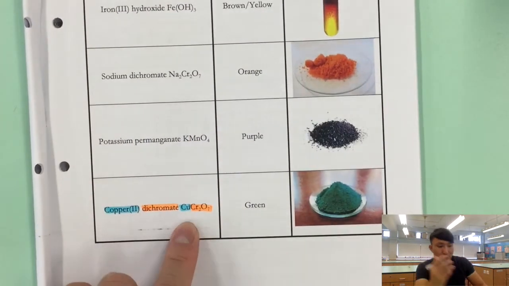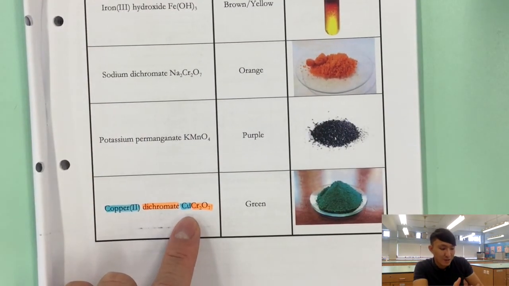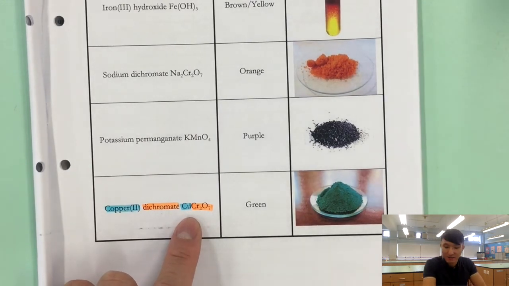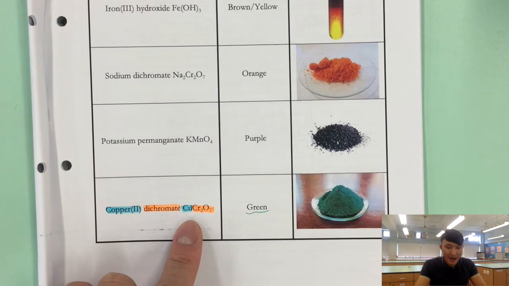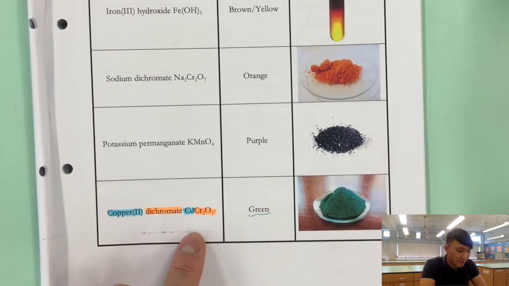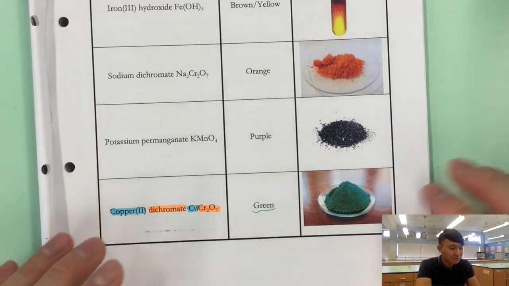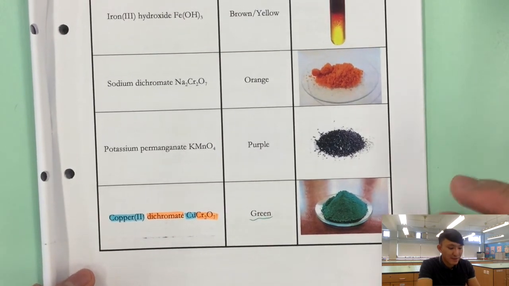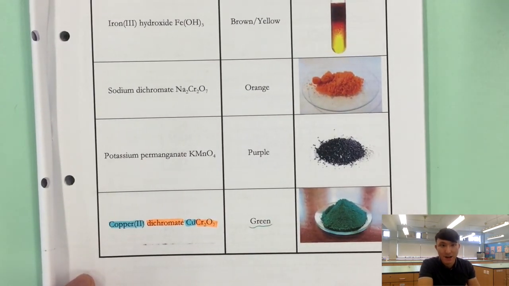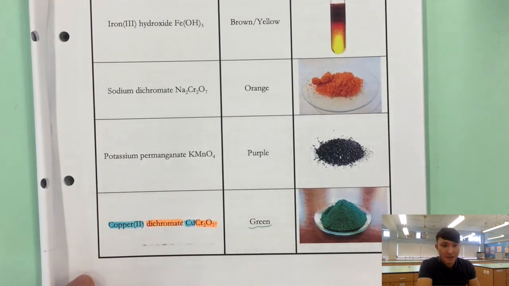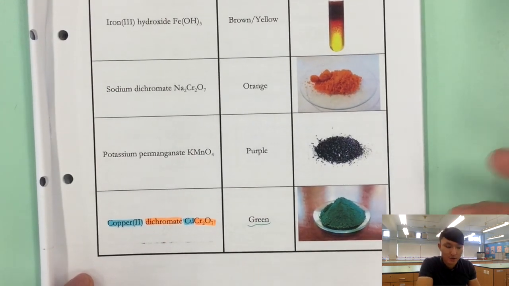When blue is mixed with orange, at the end they give you green. I don't know why, but this is what they have at the end. So this is some example showing you that the color of an ionic compound can somehow be deduced from its constituent ions.